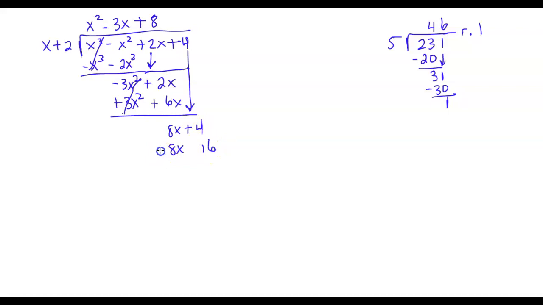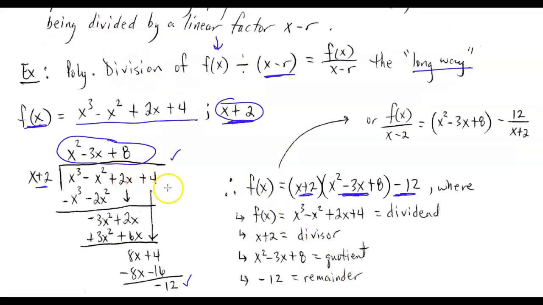And since both of these terms are positive, we'll change the sign, make it negative. The 8x's cancel to 0. And then we have 4 minus 16, which is negative 12. And so we see how what we do here is the same thing that we get here.